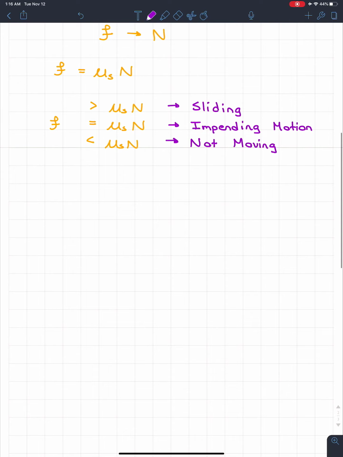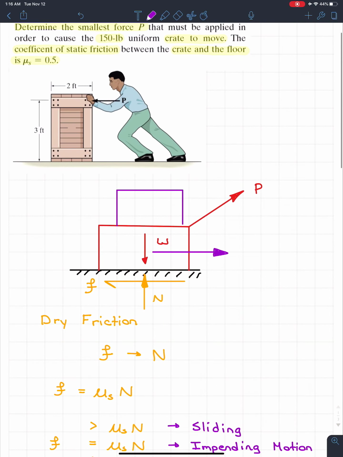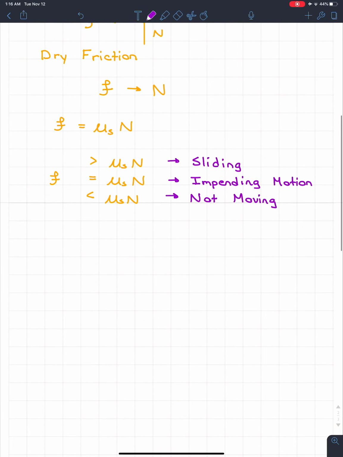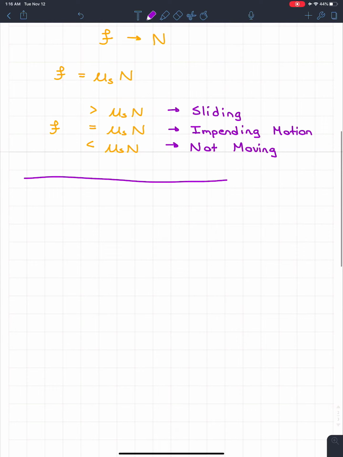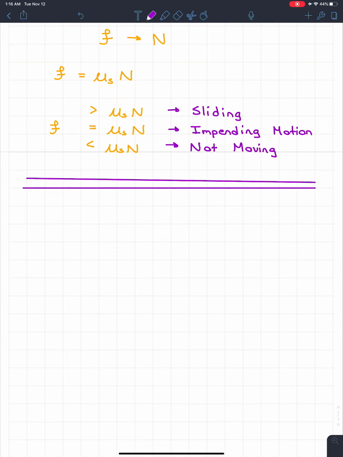Alrighty. So we're going to move on to the example because it's going to cover everything else I want to talk about. I'm going to come down here and put some lines to show that I'm starting the example now. So when we have a crate, we have two possible scenarios, and I'm going to show you guys each scenario.